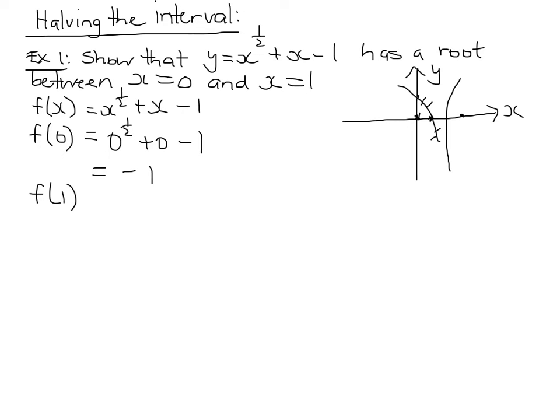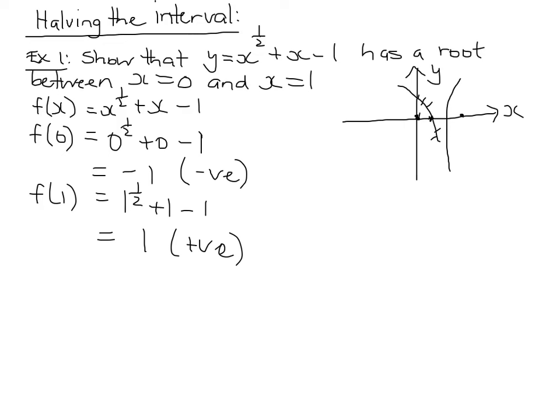And if I sub in f of 1, that's 1 to the half plus 1 minus 1. Square root of 1 is 1, so it's 1 plus 1 is 2. 2 minus 1 is positive 1. So we've got that as a negative and that as a positive.